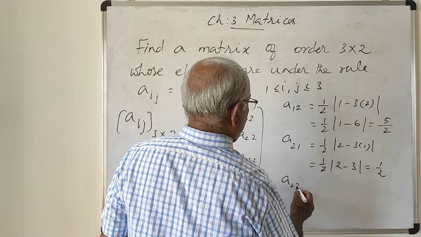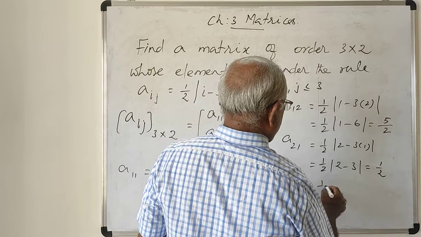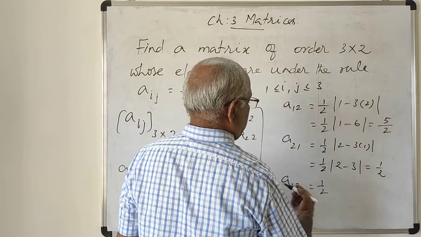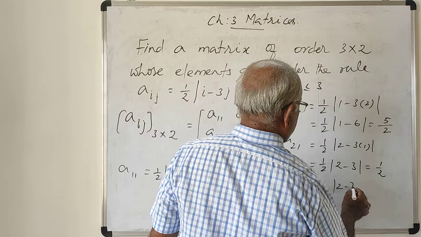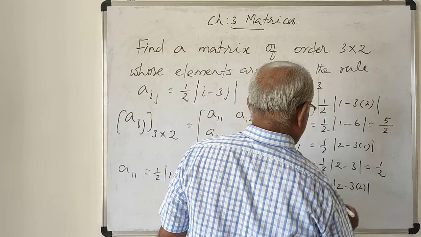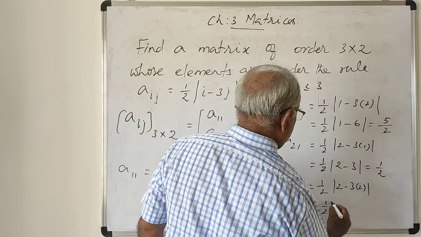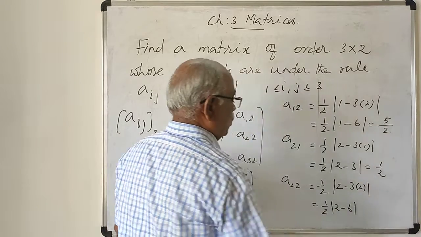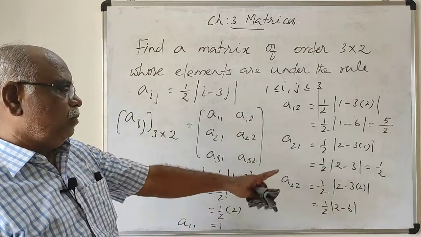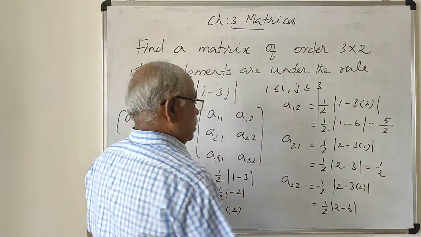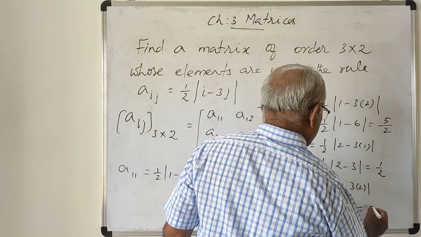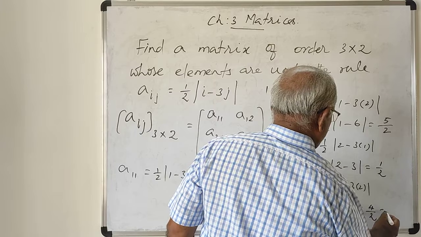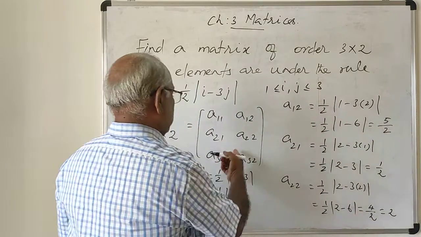Next A22, here i is 2 and j is also 2, that is 1 by 2 into mod of 2 minus 3 times 2. 3 twos are 6, 2 minus 6 is minus 4, modulus of minus 4 is 4, 4 by 2 is 2, so A22 is 2.